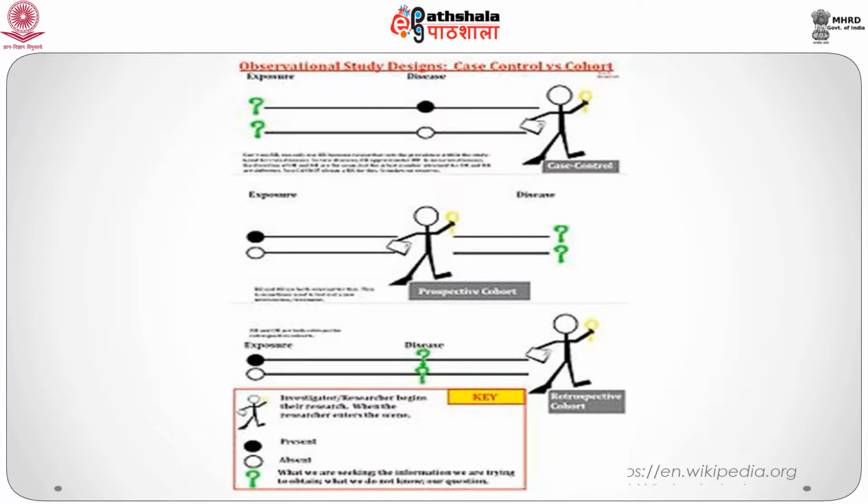In each of the three designs, the relative positions of the outcome, the exposure, and the investigator are different, and this is what we shall explore in more detail in this module. We shall come back to this graphic after looking at an overview of the three underlying designs.